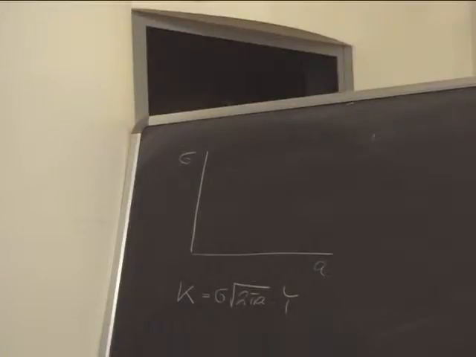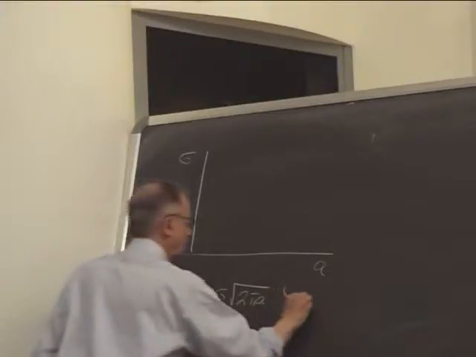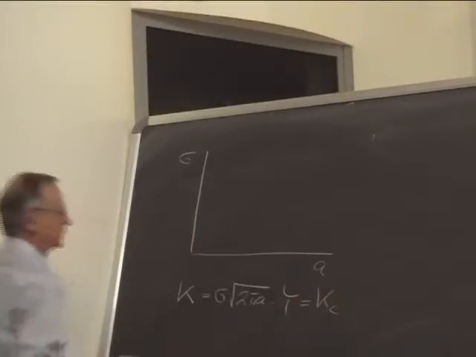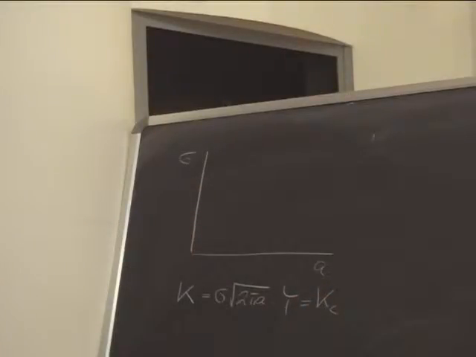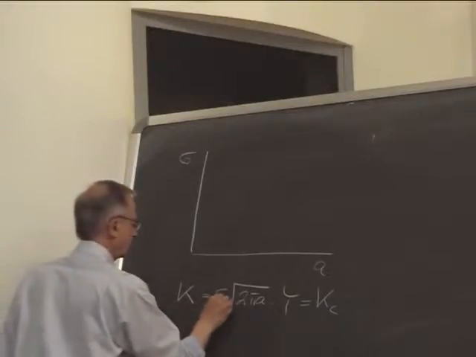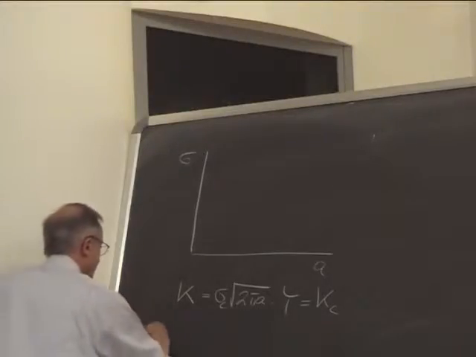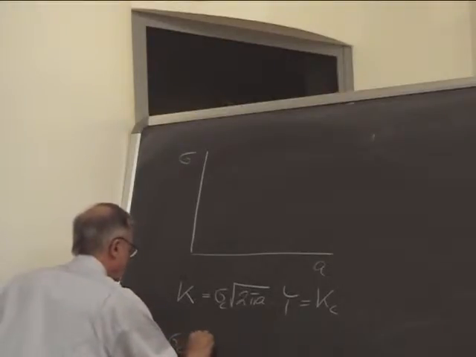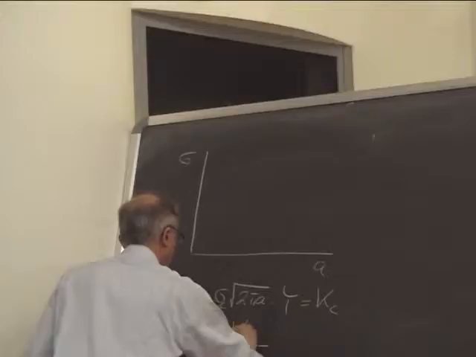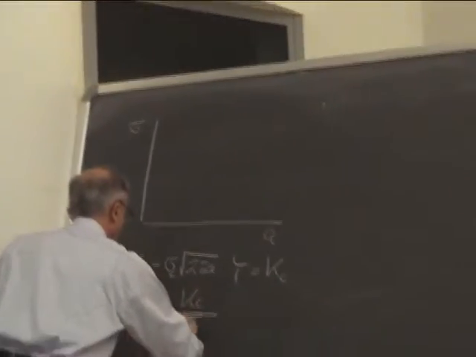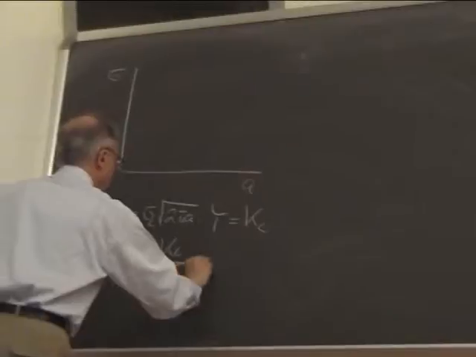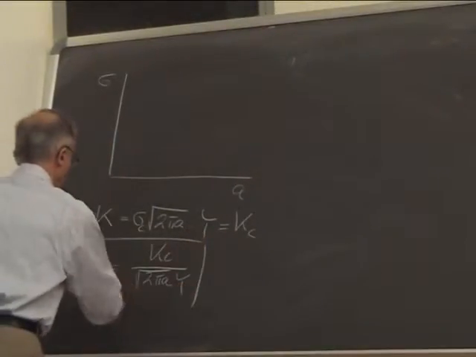And for the critical condition, the crack driving force is equal to the fracture toughness, K sub C. And then the stress assumes a critical value, and from this we solve for sigma C, which is Kc divided by the rest of the equation, so very simple, and that's it.